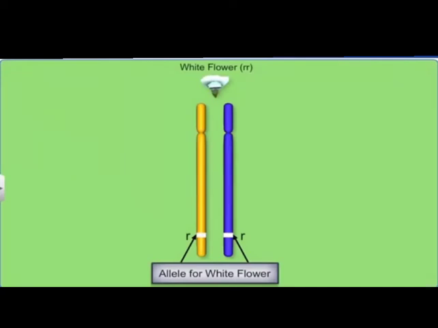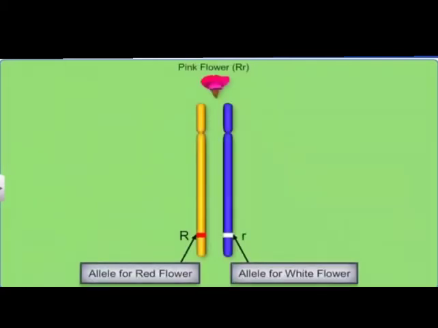Whereas, on the other hand, if none of the alleles for pigment exist, the flower is white. However, if only one of the alleles is present, only half of the pigment is produced, creating a pink shade.